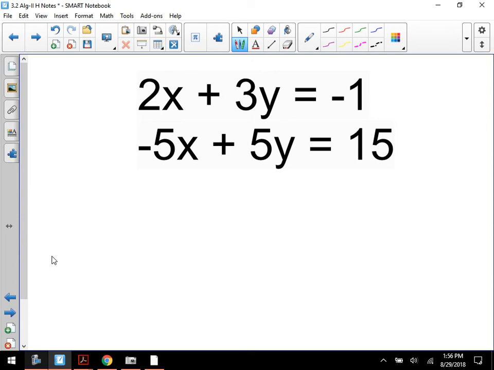Sometimes you have to do that. You can match up either one. When it comes down to elimination, you can get rid of whichever one you want to get rid of first. It's solely, totally, completely up to you. It's not a big deal. Okay? Not a big deal. I'm going to show you a funky way to do this one.